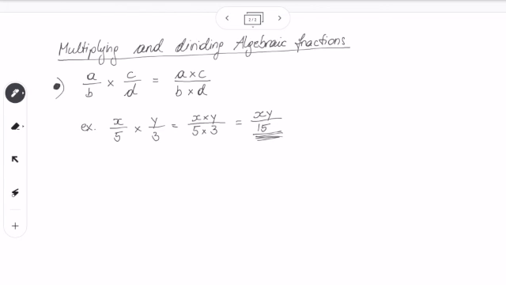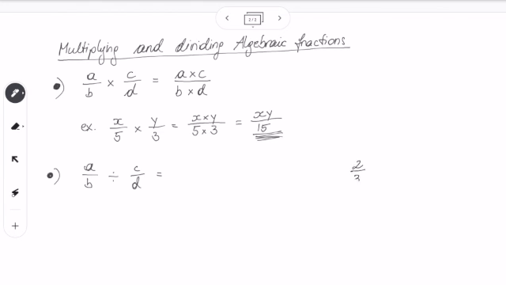Now let's look at how to divide algebraic fractions. So if you have a fraction a over b, and this one is divided by c over d, that equals. And I'm going to give you a recap of how you divided fractions if it was numbers. So I'm just going to do that on the side here.